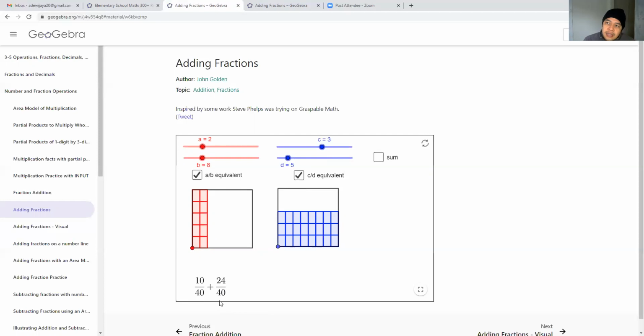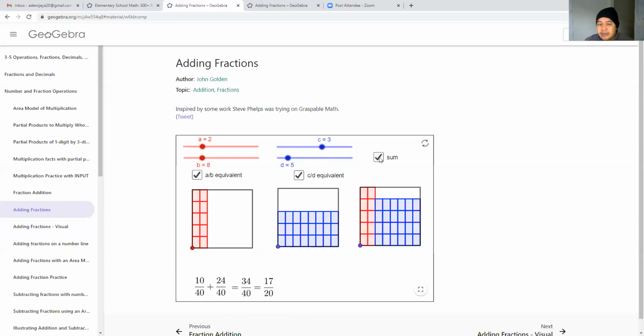The nice thing about this simulation is that it gives you an idea of how this addition is done. When you click this sum, you see it's like when you put them together in one square, you have 40 smaller sections.